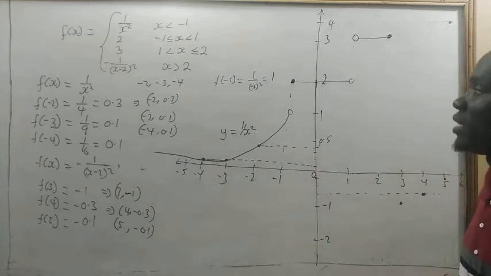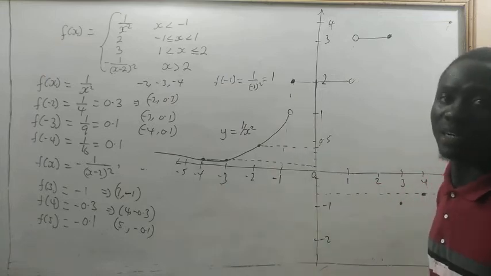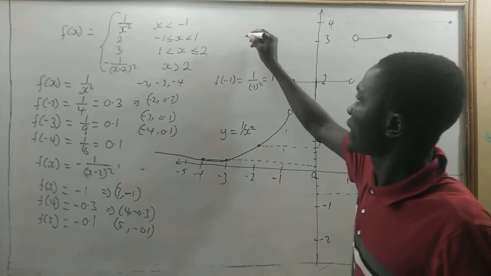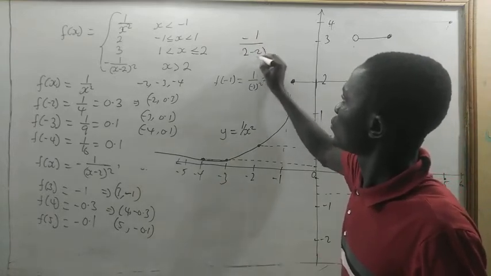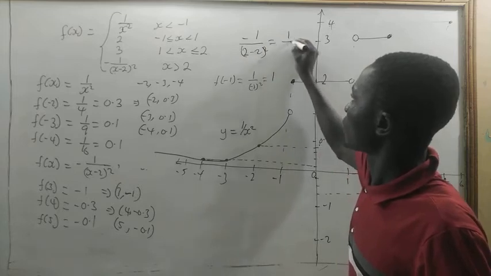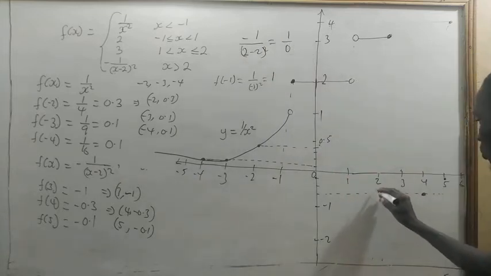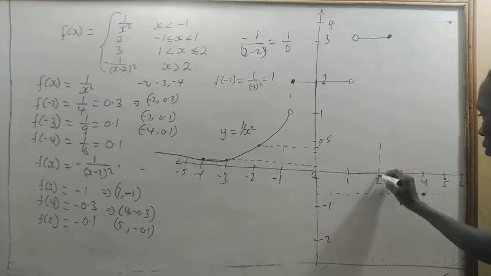But let's see something here. Let's put in 2 there to see if the endpoint can be a hole. If we take negative 1 on 2 minus 2 squared, we are getting negative 1 on 0, which is undefined. So it means that we cannot put a hole there.